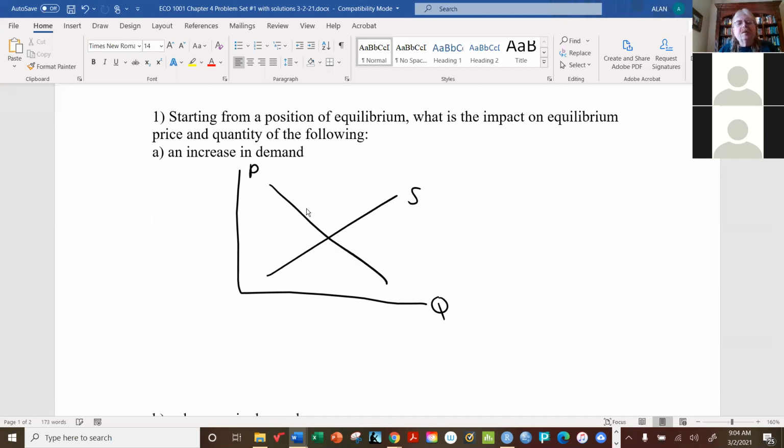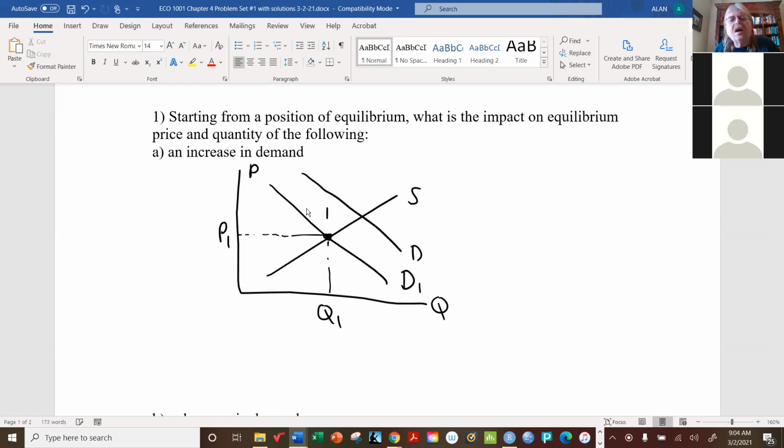So we'll have our usual upward sloping supply curve, downward sloping demand curve. At the crossing point, let's call that 1 because we're going to have a second equilibrium as well. We'll identify these as P1 and Q1. And so the demand curve shifts to the right as a result of that increase.